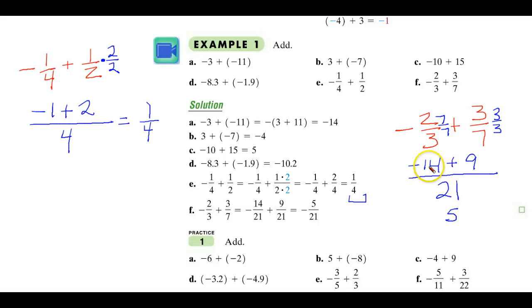And we're going to use the sign of the larger absolute value, which is a negative 5 over 21. Now, they usually put the sign by the division bar here, the fraction bar. That's the best place for it. This is correct as well, but when you put it into MATLAB, put the sign there.